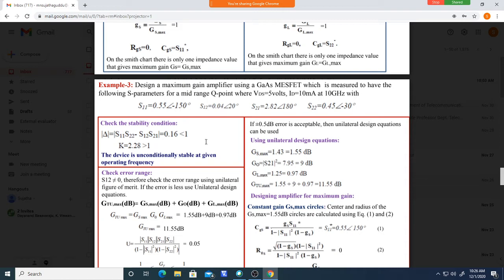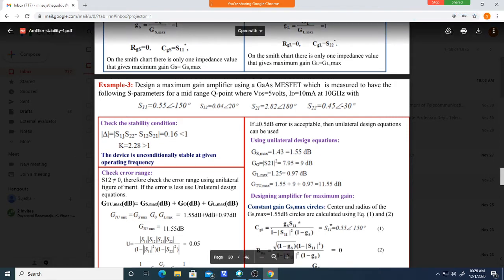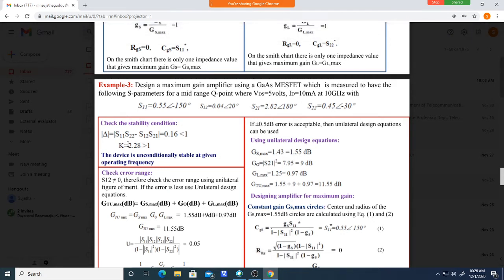Less than 1. Which type of stability? Conditional or unconditional? Conditional. Rakshit? Unconditional. K greater than 1, delta less than 1. Unconditional.